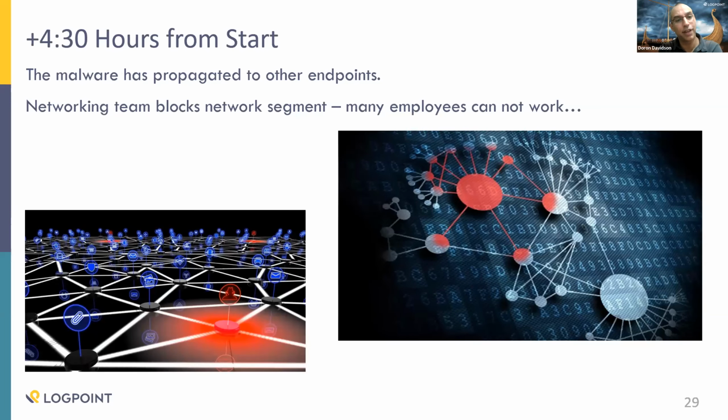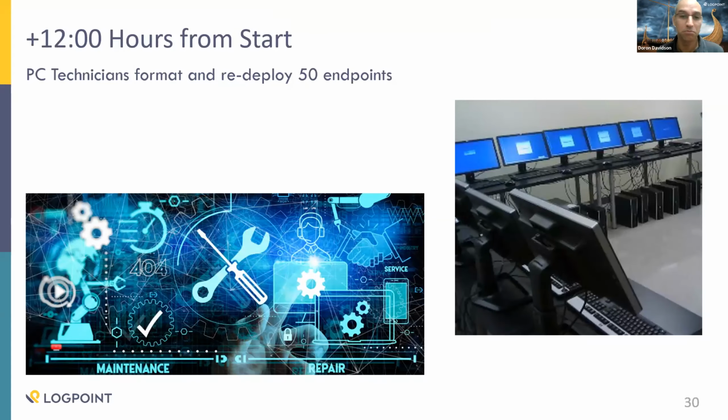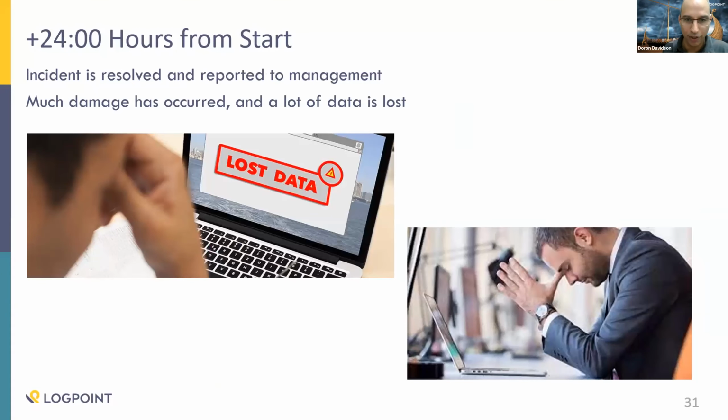Because during this period of time, propagation had already started to other endpoints, and we now need to also block the whole network segment, in this case, probably marketing. And marketing are extremely important to the organization. They are the ones that set up this webinar, so we couldn't have done it without them. And not only that, we now have 50 endpoints that we need to redeploy, and this will take us a lot of time in the organization.